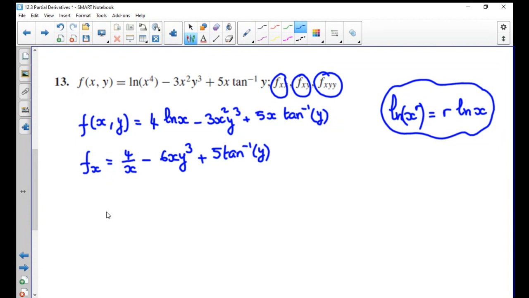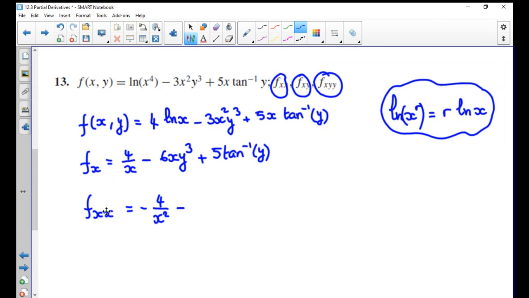So that's fx. And then I need the fxx. So again, I want to differentiate this with respect to x. Minus 4 over x squared. Really important here that the derivative of 1 over x is minus 1 over x squared.